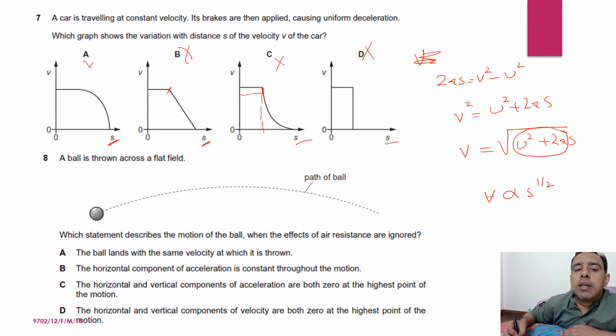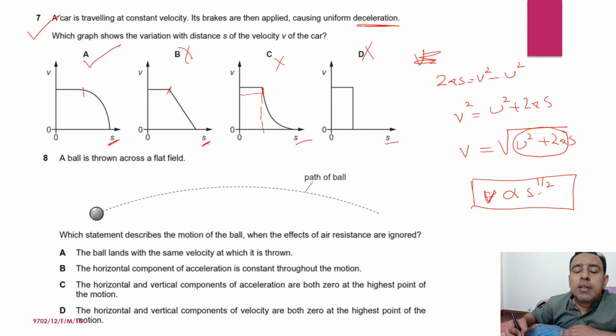This is the correct answer, because initially the velocity is constant up to this point, then it is going to decrease, and the distance is covered as well. So we can say that there's a decrease in the velocity, which means we have deceleration. That's why option A is the correct one. Or in other words, if you draw the graph by using this velocity and s power 1 by 2, you may have this type of graph as well.